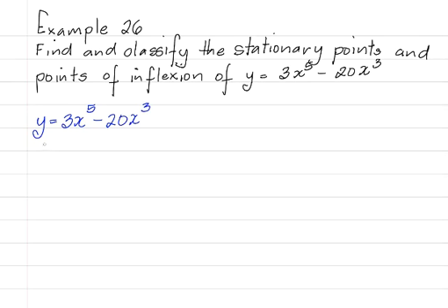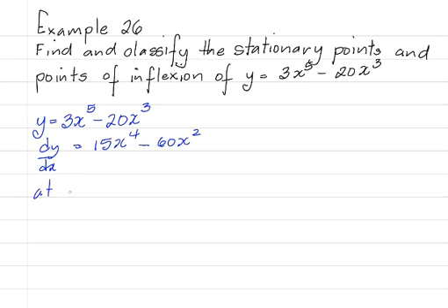So dy by dx would be equal to 15x to the 4 minus 60x squared.